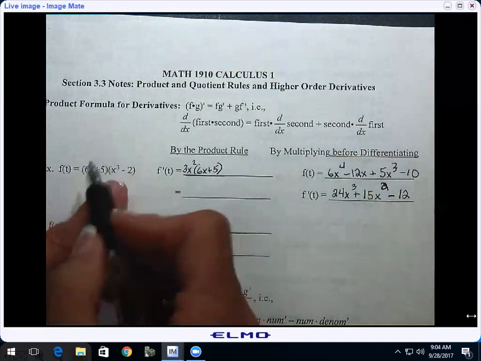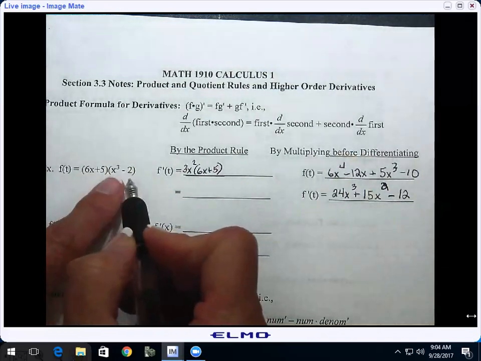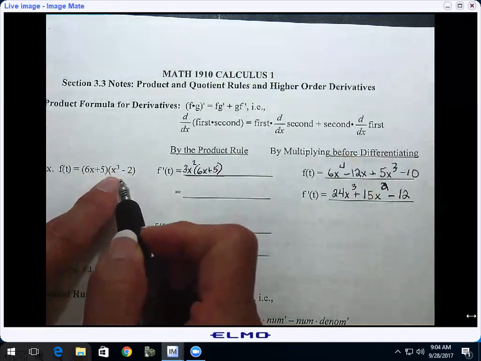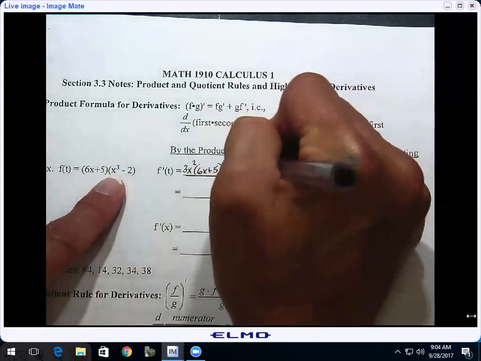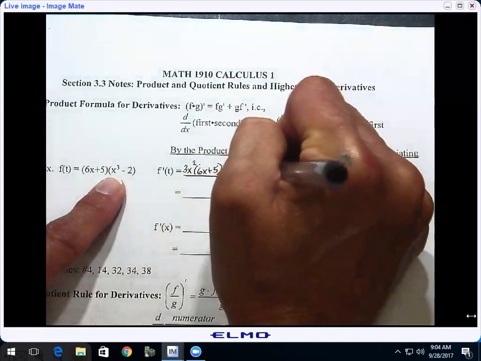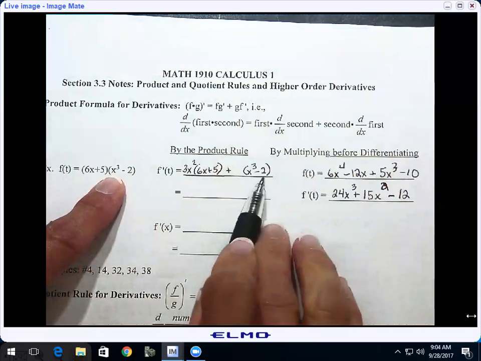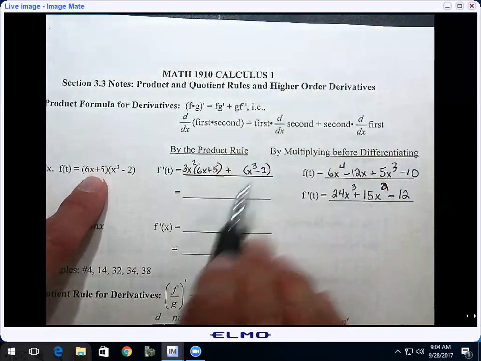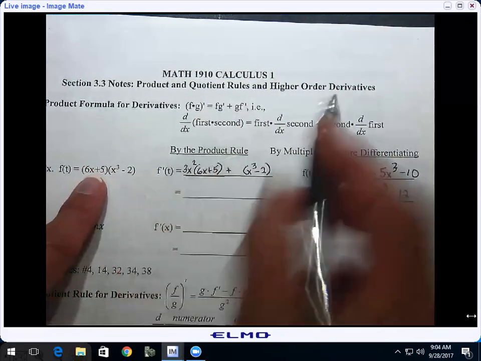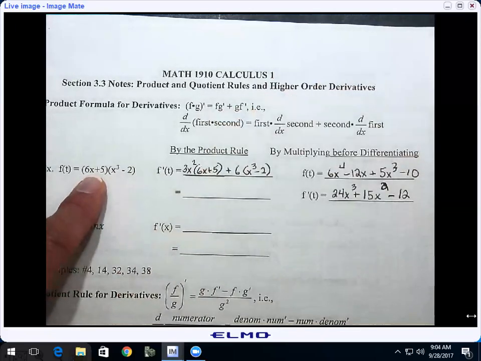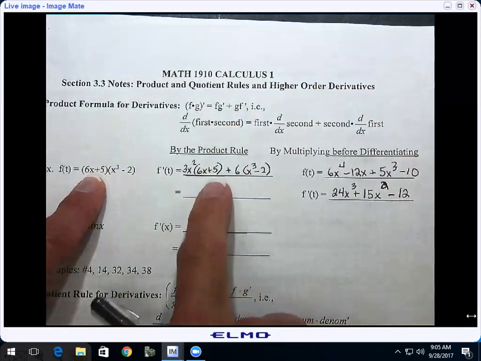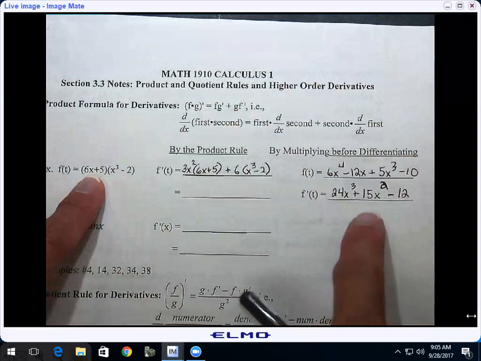Yeah, that's the first times the derivative of the second. Now I'm ready for the second times the derivative of the first. What's the derivative of the first? 6. Let's see if that simplifies to the same thing that we got right here.